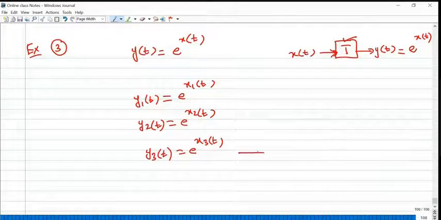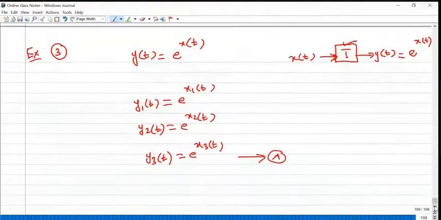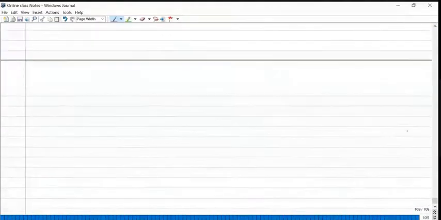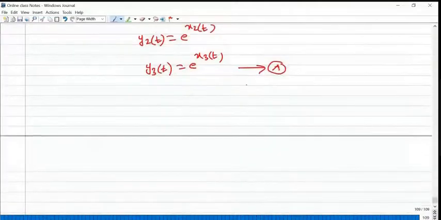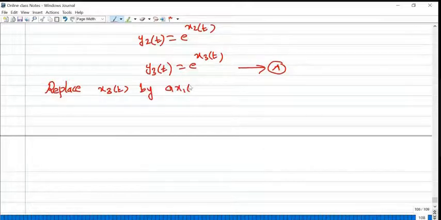From this basic equation, we are going to replace x3 of t by a x1 plus b x2. Step 1, replace x3 of t by a x1 of t plus b x2 of t.